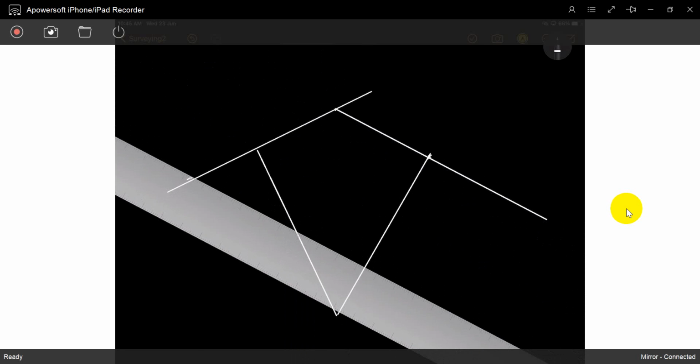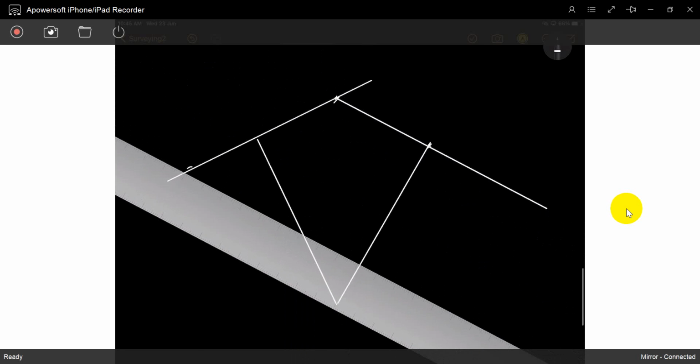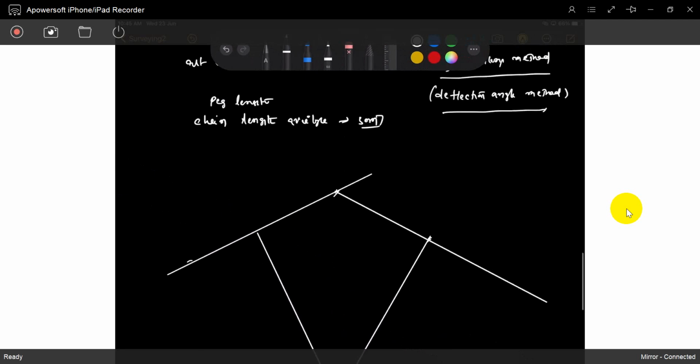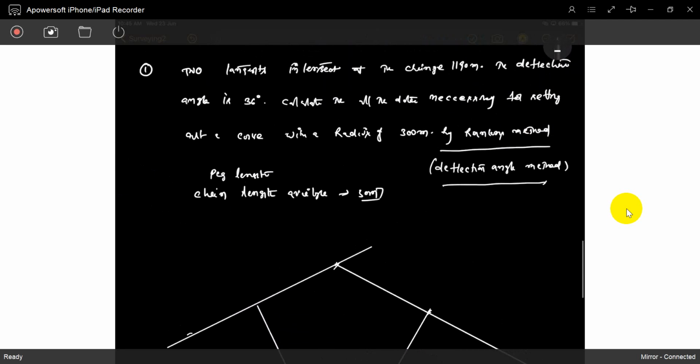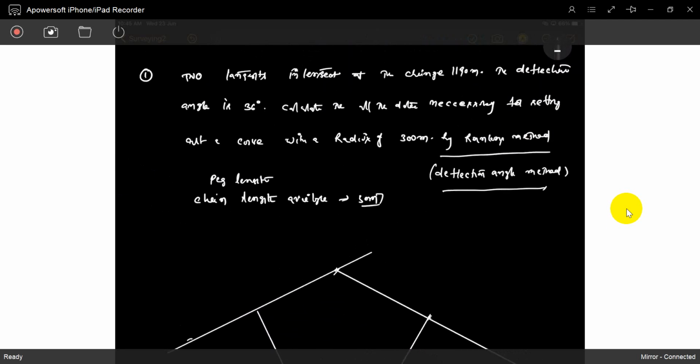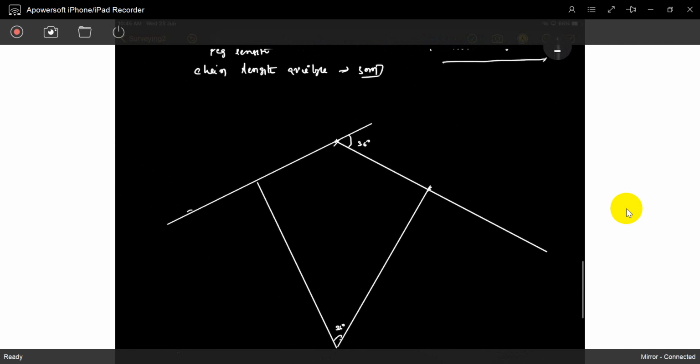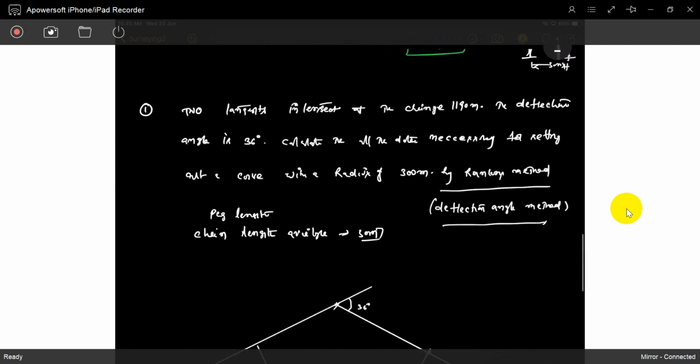Something like this. See what is given: total deflection is 36, and this is also 36, and the tangents intersect at 1190.